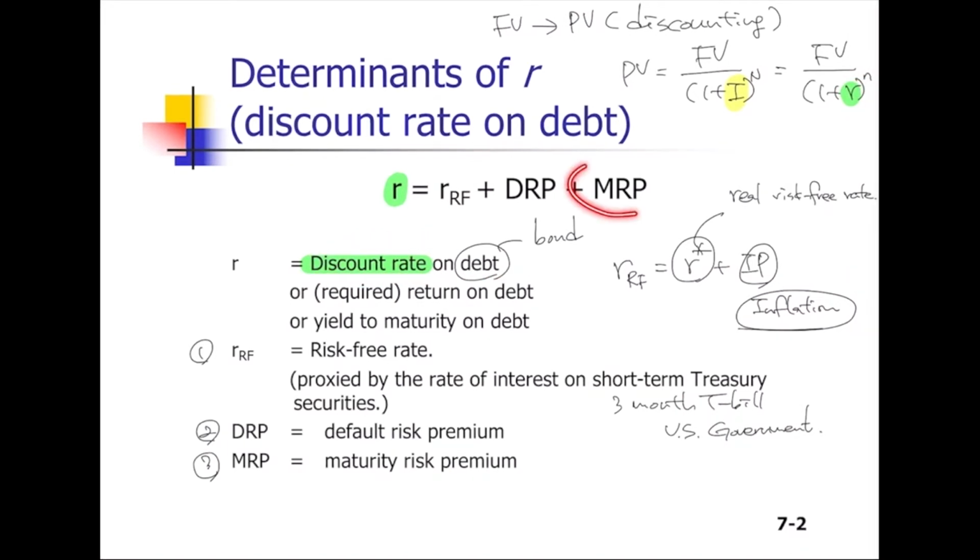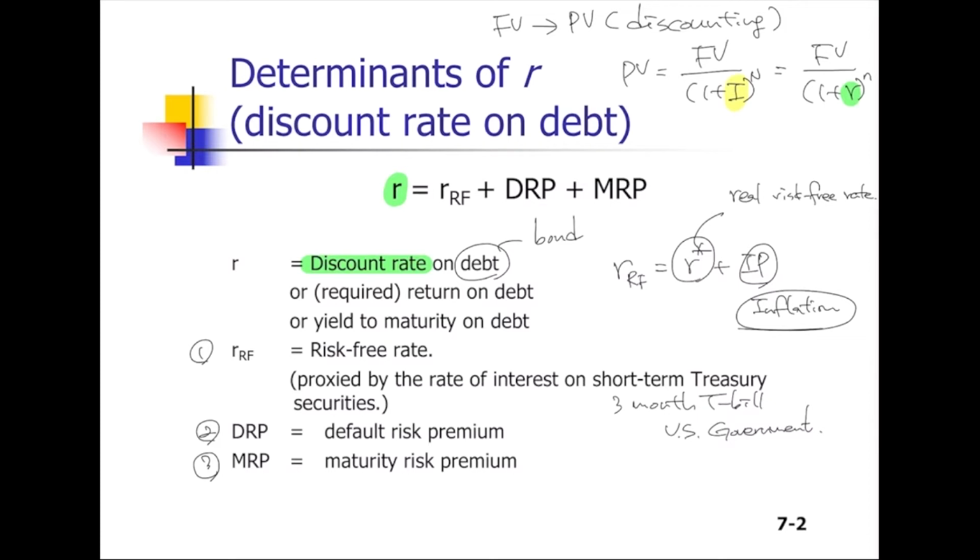And the last one is MRP, maturity risk premium. Debt has different maturities, such as 6 months, 1 year, or 10 years. So if a firm issues a 10-year maturity bond, the principal, the 원금, will be paid after 10 years when the firm issued it.